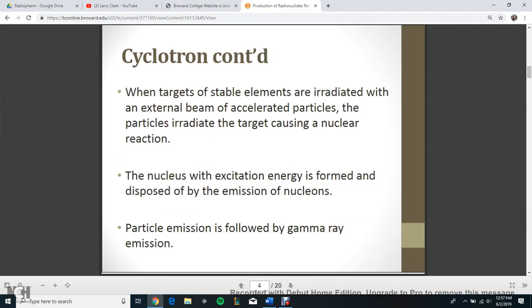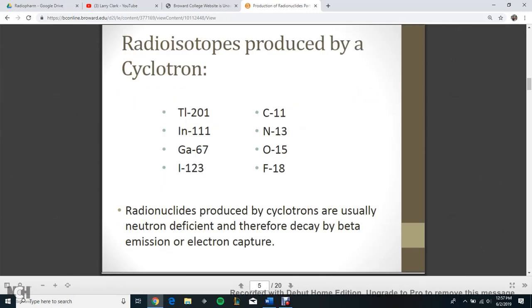When targets of stable elements are irradiated with an external beam of accelerated particles, the particles irradiate the target, causing a nuclear reaction. The nucleus with excitation energy is formed and disposed of by emission of nucleons. Particle emission is followed by gamma ray emission.